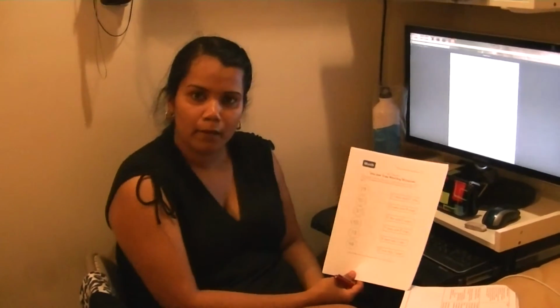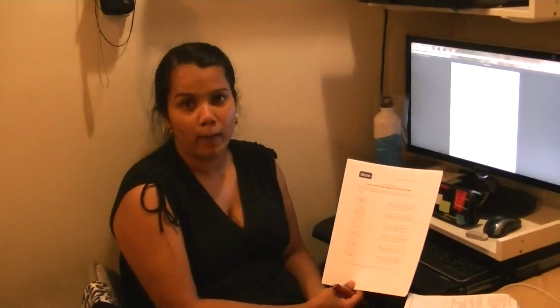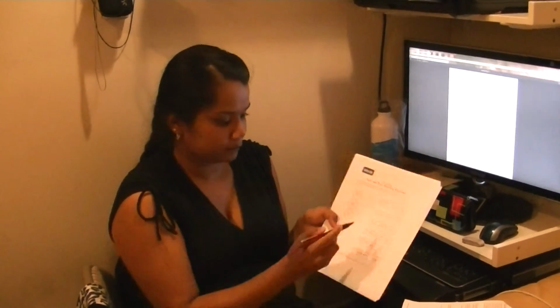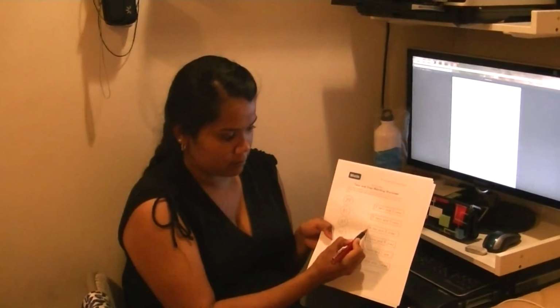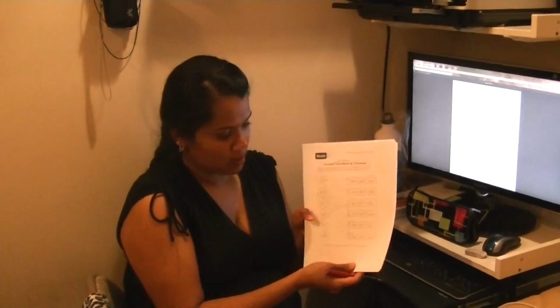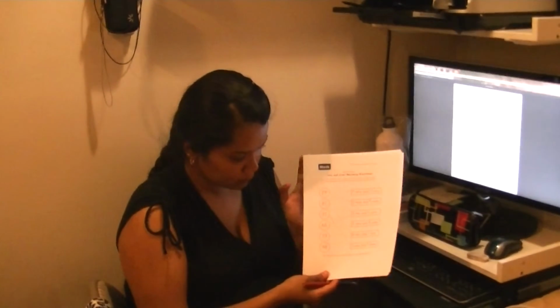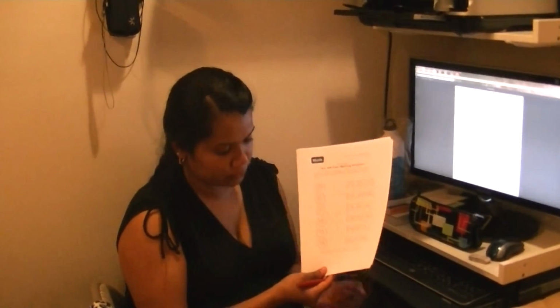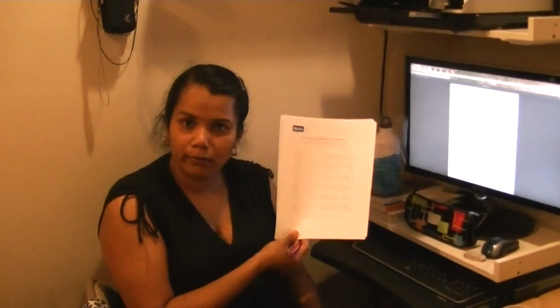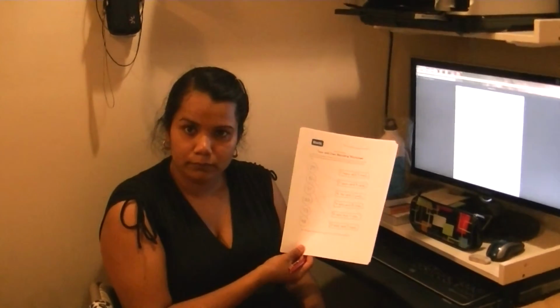65. How many tens and how many ones in 65? 6 tens and 5 ones. Excellent. And we just draw that because it says 6 tens and 5 ones. The last two. 73. Can you? 7 tens and 3 ones.